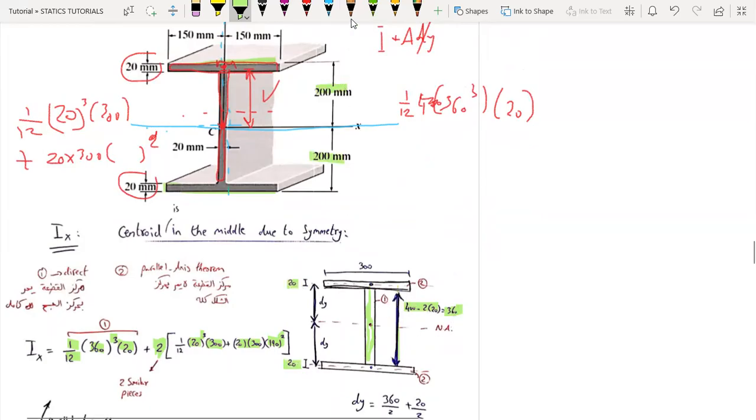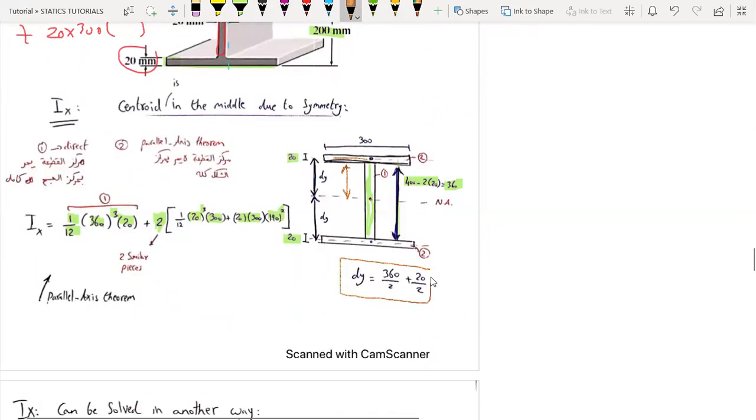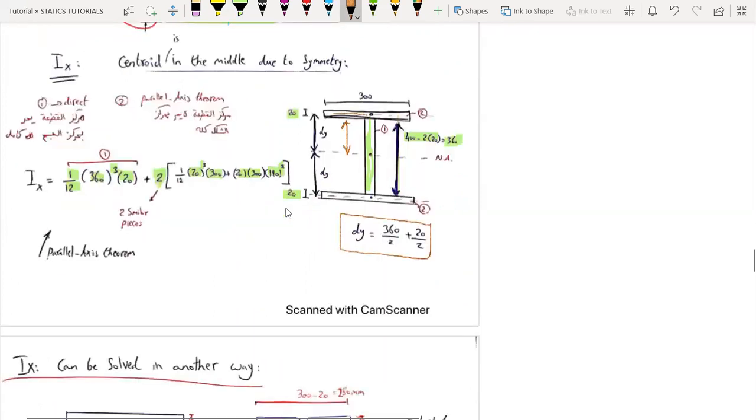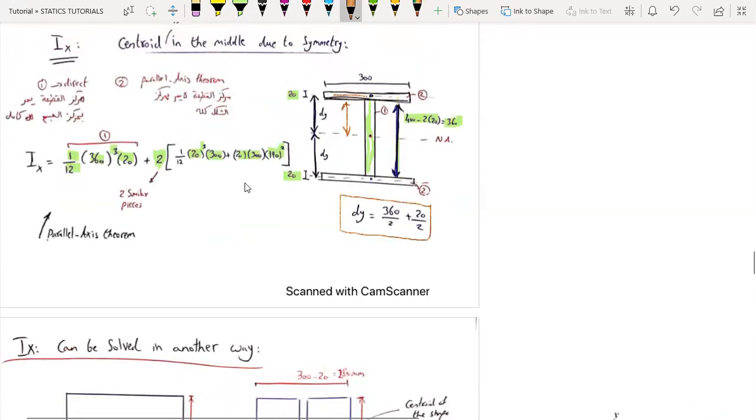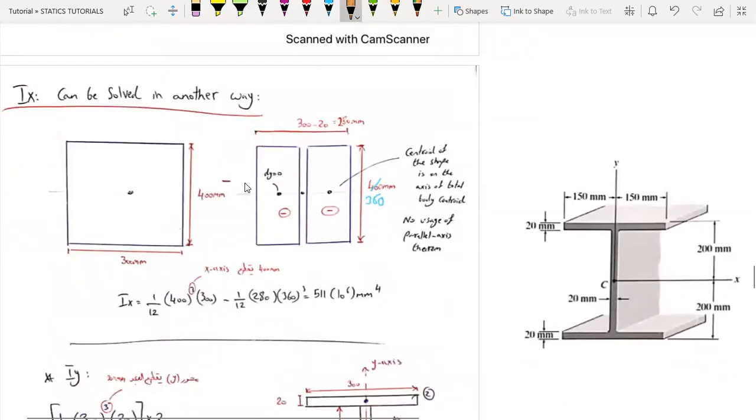If we say 360 over 2, we'll get this distance, and then if we add 20 over 2, we'll get the distance till the center. So it will be 190 squared, and we will get the answer.